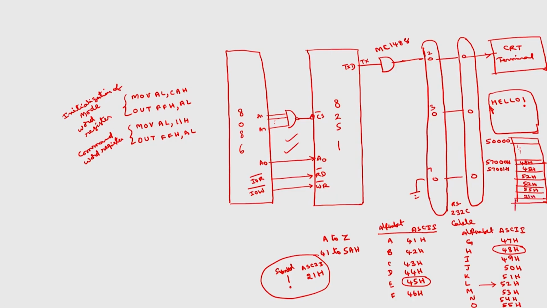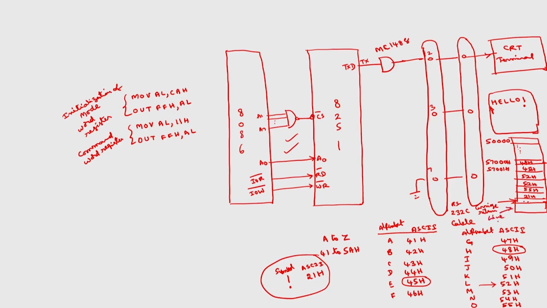Then I will store two more symbols here. One is called carriage return, and this one is line feed.